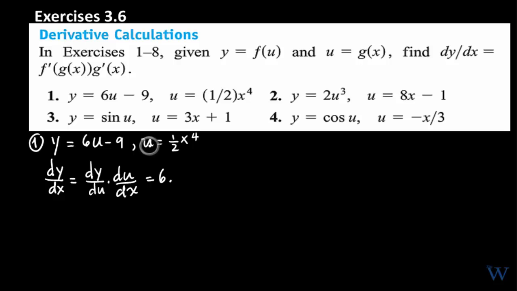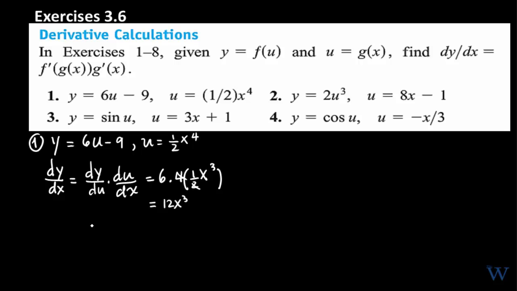So what is the derivative of u with respect to x? Well, it's 4 times 1/2 x to the 3rd power, just by power rule. So everything will be simplified now. It becomes 12x cubed. Alright, this is using the Leibniz notation.